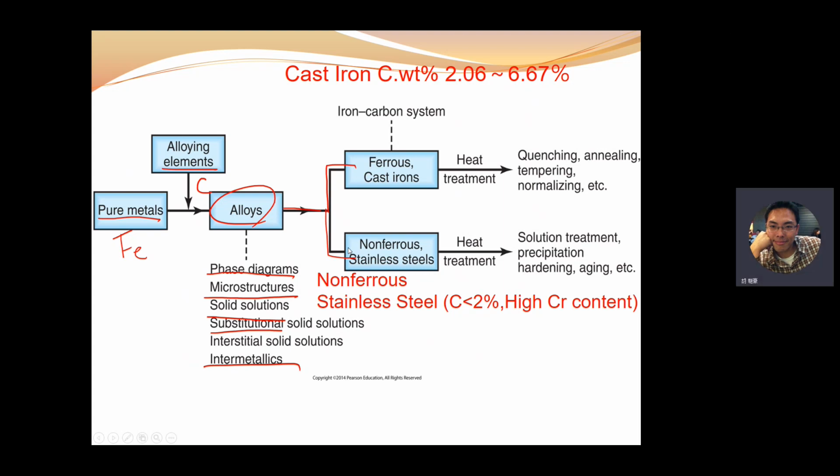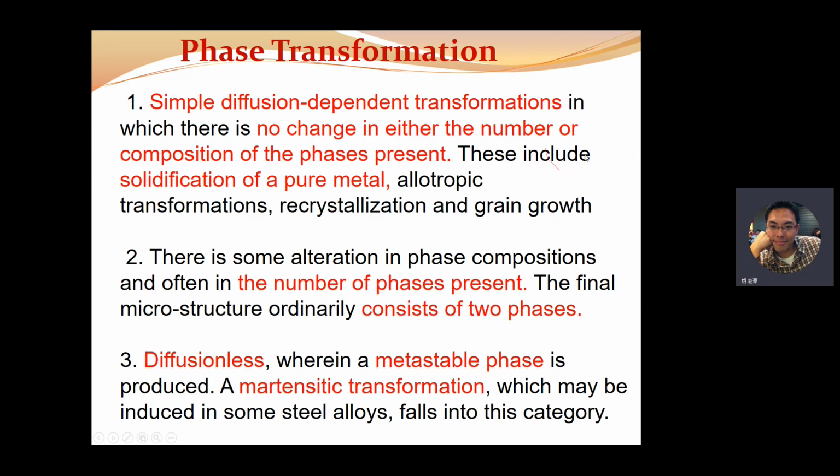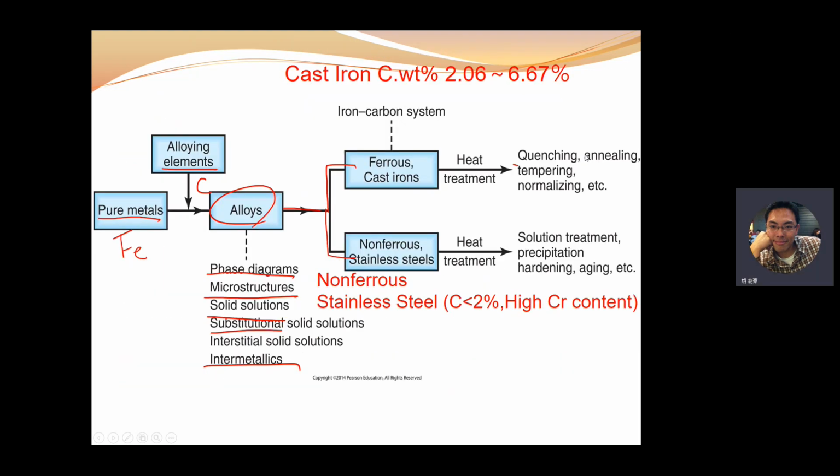Okay, and how to modify the microstructure to strengthen their mechanical property is different. For cast iron, we can use quenching, annealing, tempering, or normalizing to modify its microstructure.